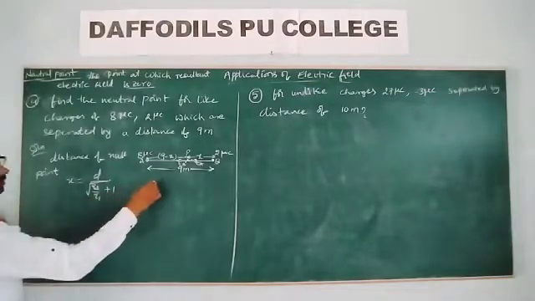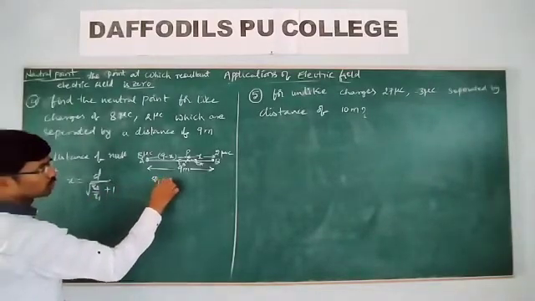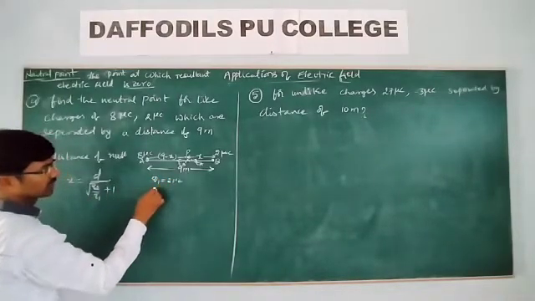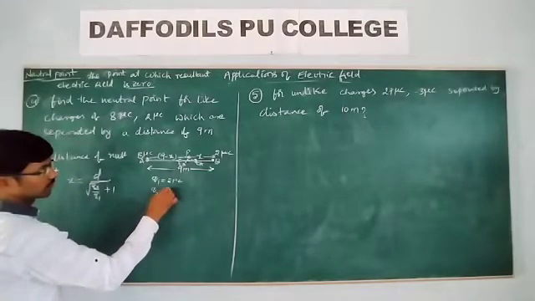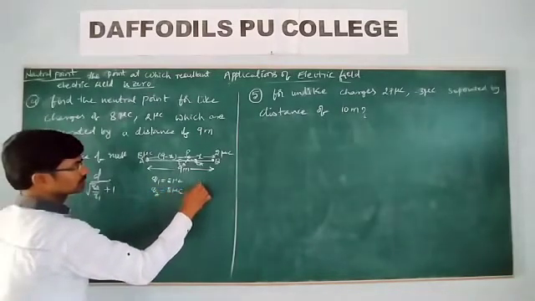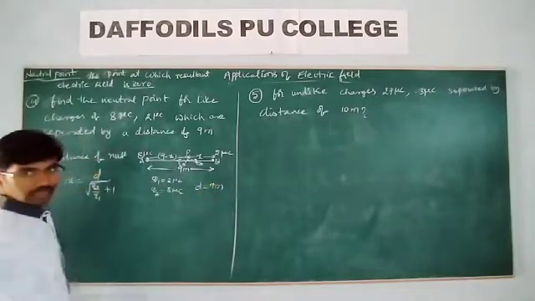So now you substitute: q1 is equal to 2 microcoulomb, q2 is equal to 8 microcoulomb, d is equal to 9 meter.